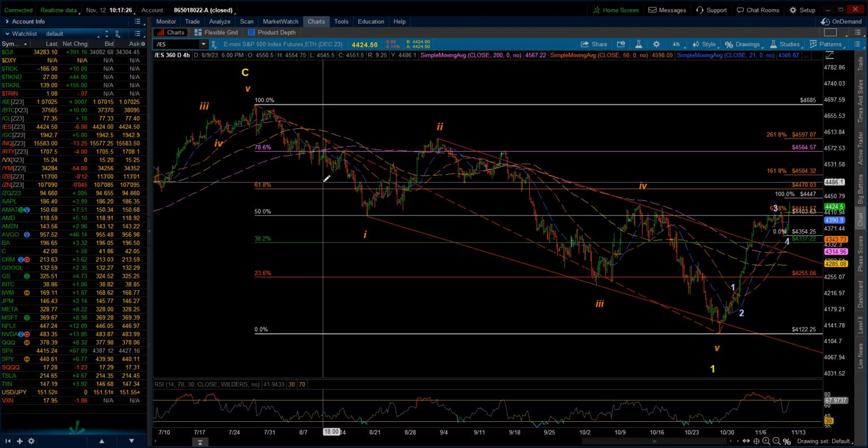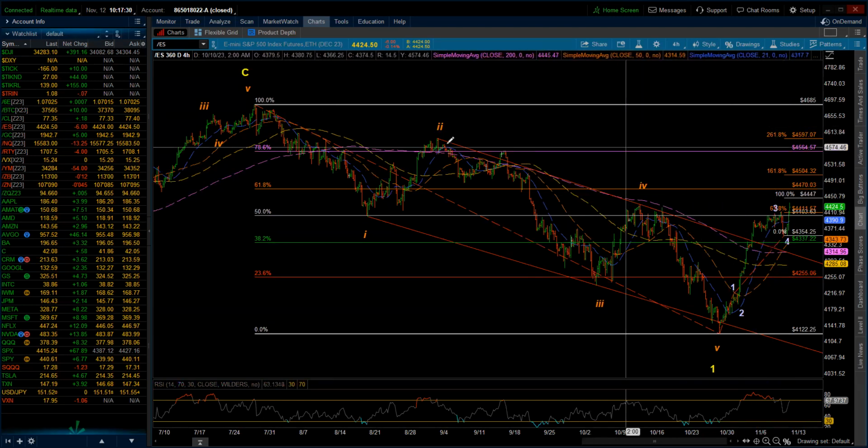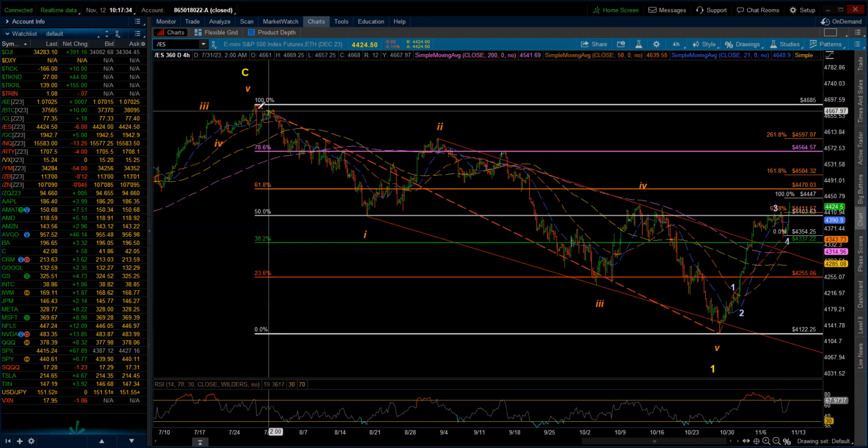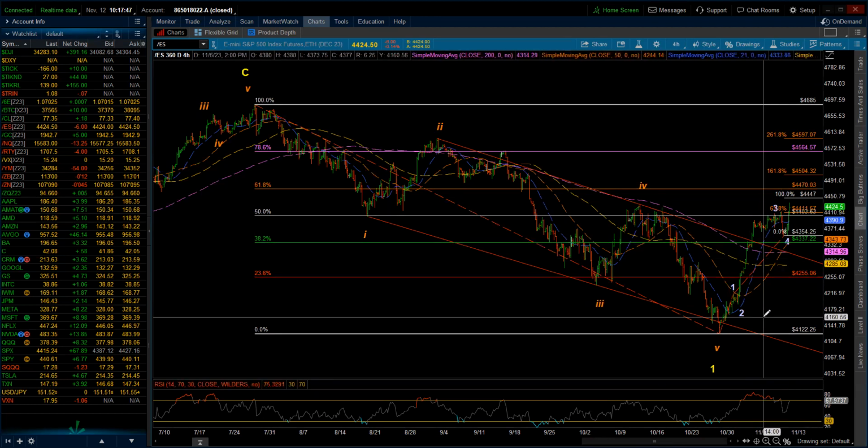Now, there are possibilities that the market is really just going to come in very close to this high at 46.84 and actually exceed it. That would come under basically our alternate count.